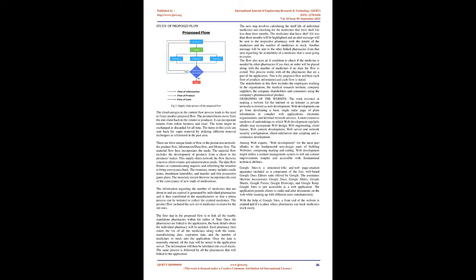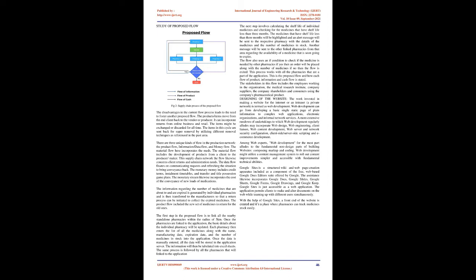The data flow fixates on communicating requests and refreshing the situation to bring delivery back. The monetary flow includes credit terms, installment timetables, and title ownership arrangements. The monetary flow likewise incorporates the cost of the delivery of new loads of medications.